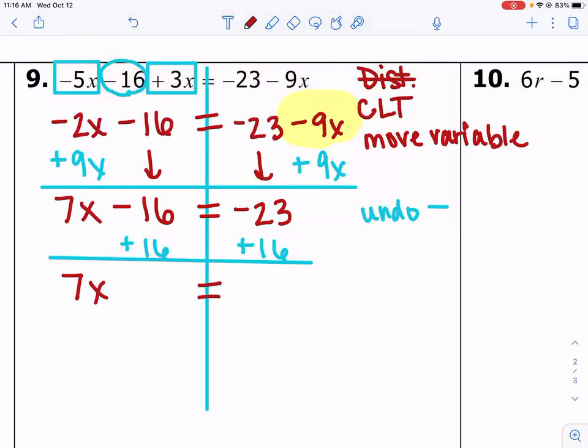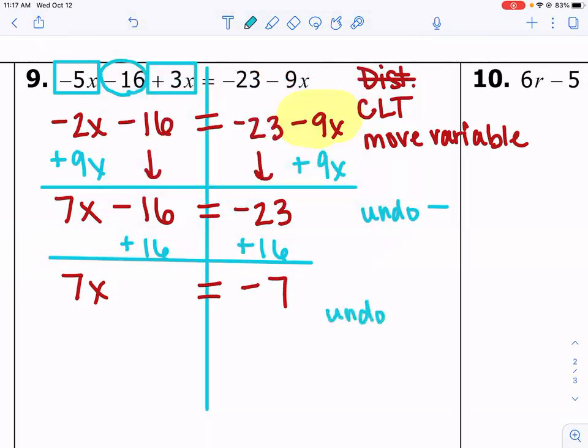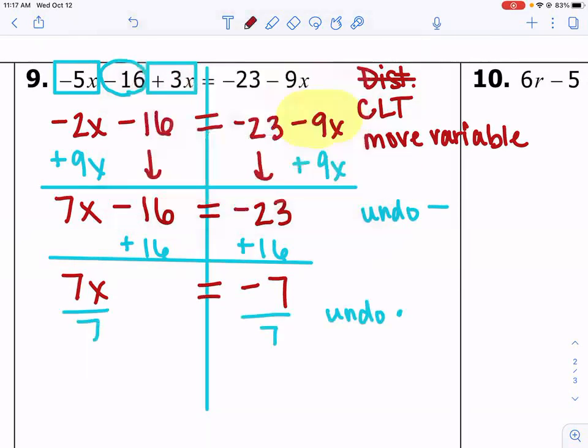And we have negative 7. Hold the phone, yes. Yeah? Yes. Now we're gonna undo that multiplication by dividing by 7 to each side. X equals negative 1.